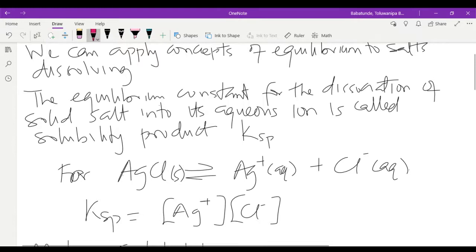That is Ksp. For example, we have our silver chloride salt, which is solid, and when it undergoes dissociation, when it dissolves in water, it forms silver ion, aqueous, and chloride ion, aqueous.